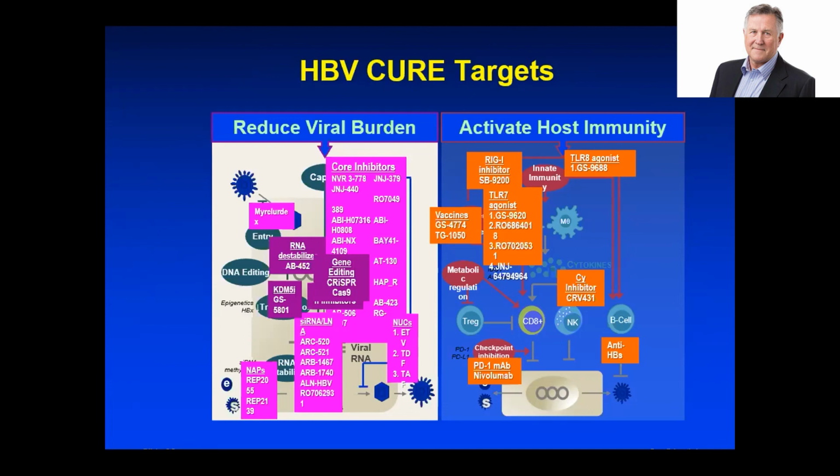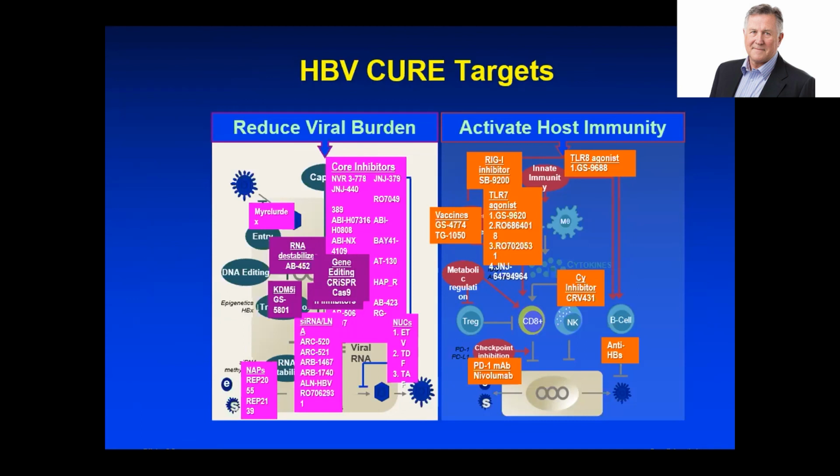In particular, this group of compounds here, the interference RNA inhibitors, drop surface antigen. And what we're learning is that surface antigen drop is a currency of what makes it more likely for you to lose surface antigen. And the other way of approaching is to stimulate host immunity, including, say, anti-cancer drugs like PD-1 inhibitors, but there are a whole host of other immunological stimulant agents.